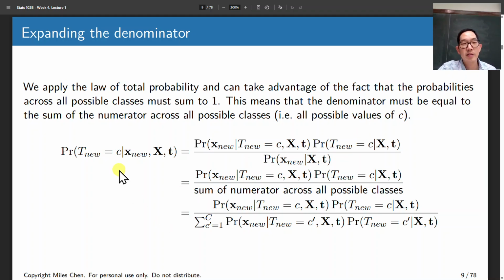So, the law of total probability basically says, we know that all of these things have to add up to 1, so if we calculate the numerator value for every single possible value that C can be, then this will give us the probability of X regardless of class label.